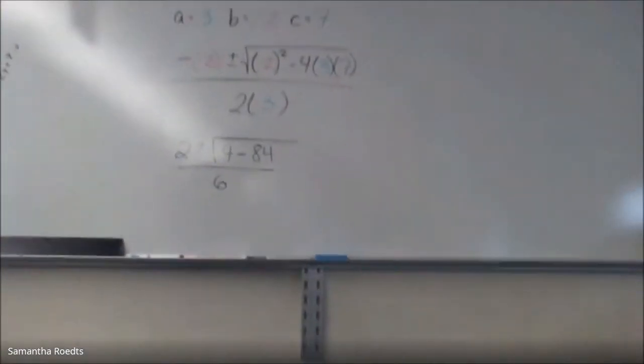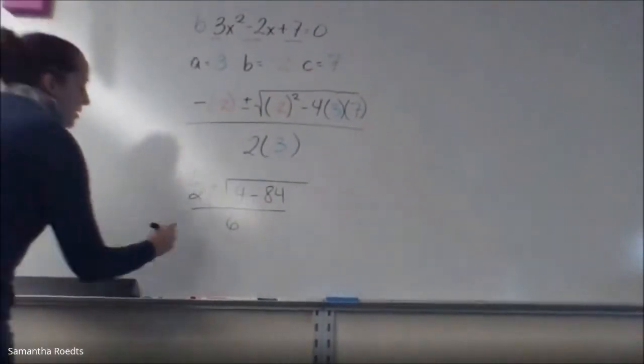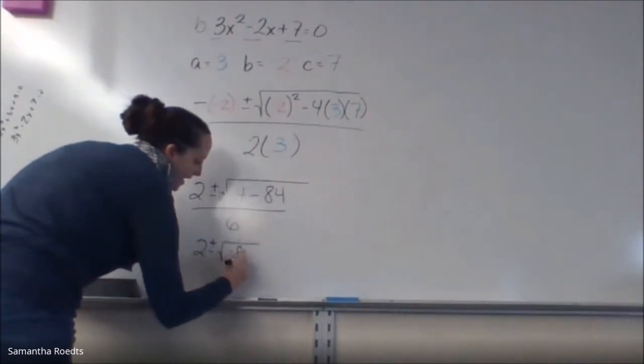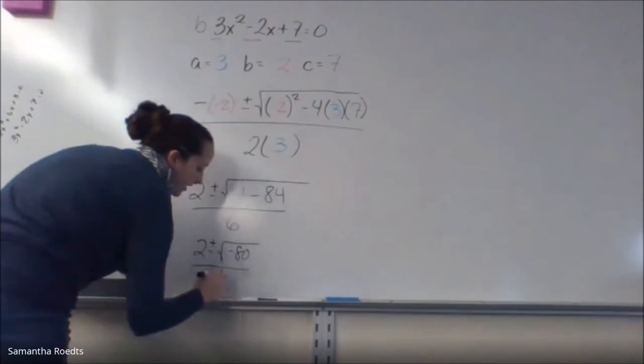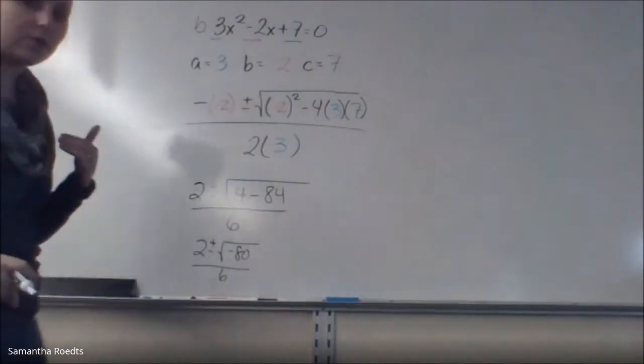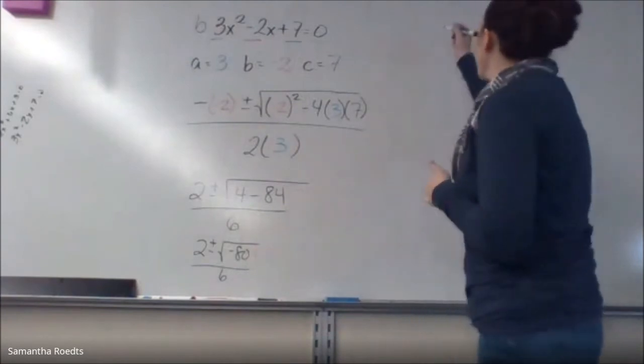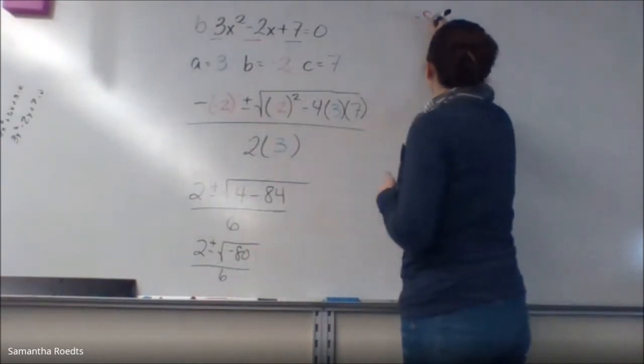That gives me 2 plus or minus the square root of negative 80 over 6. So now I need to simplify what is in my square root, which is negative 80.